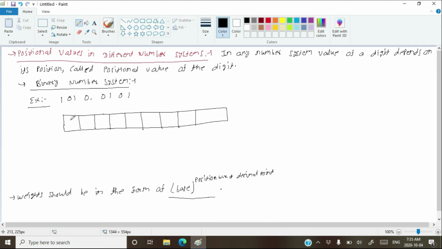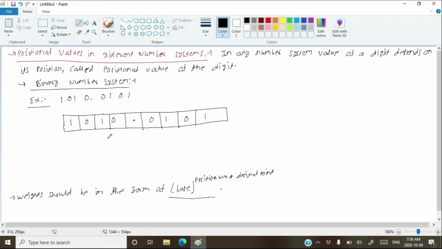Now you write 1, 0, 1, 0 dot 0, 1, 0, 1. Now give them the weights. In the same way, we have given the weights to the various digits in the decimal number system. Now give the weights to the various digits of the binary number system.